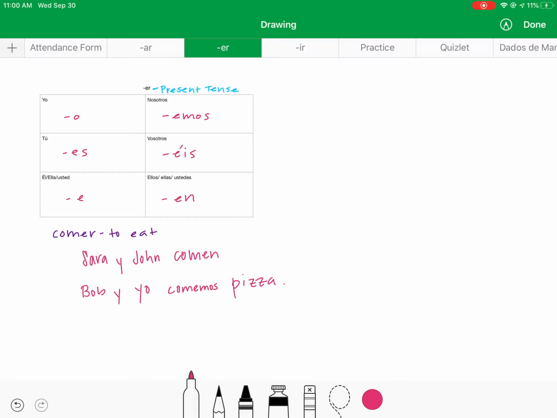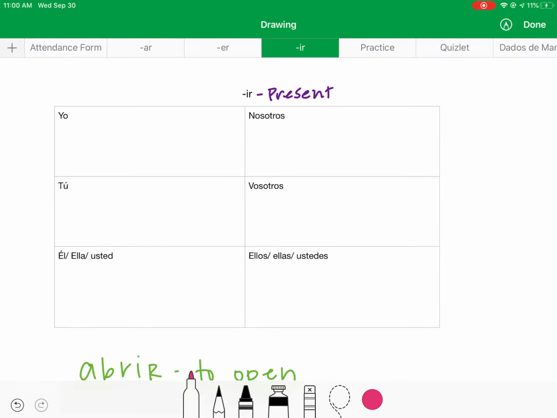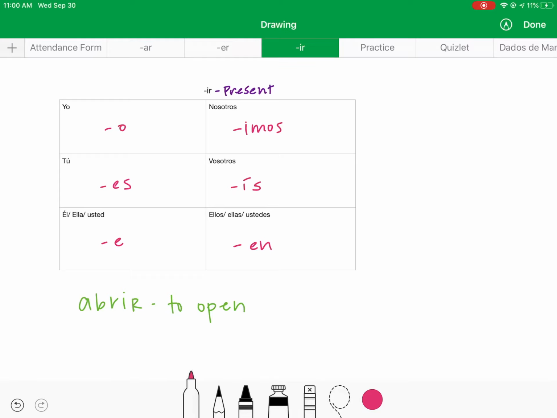And then the last set is the IR. We've got yo, which is O, S, E. These two are the only ones that change. Imos, is, and en. Same thing, conjugation stays the same.